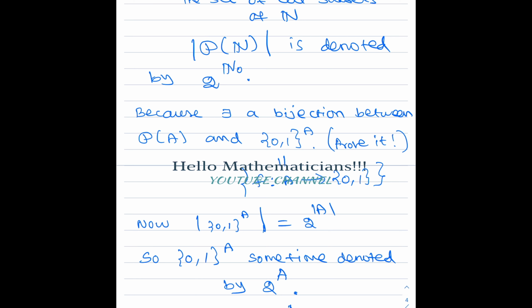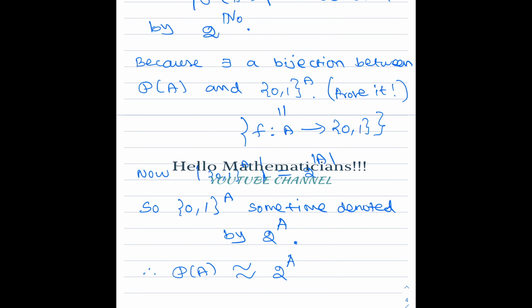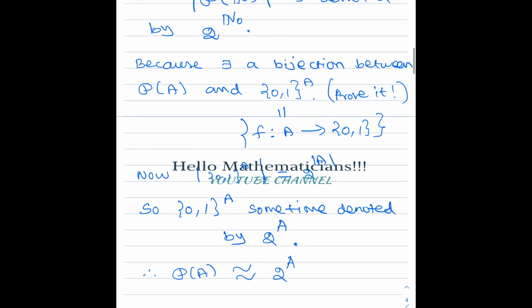So you collect all the functions from A to {0,1}, and this set is in bijection with the power set of A. This is a very simple fact, you can prove it, so please try to do it. Now what is the cardinality of {0,1} power A? That is 2 power the cardinality of A.